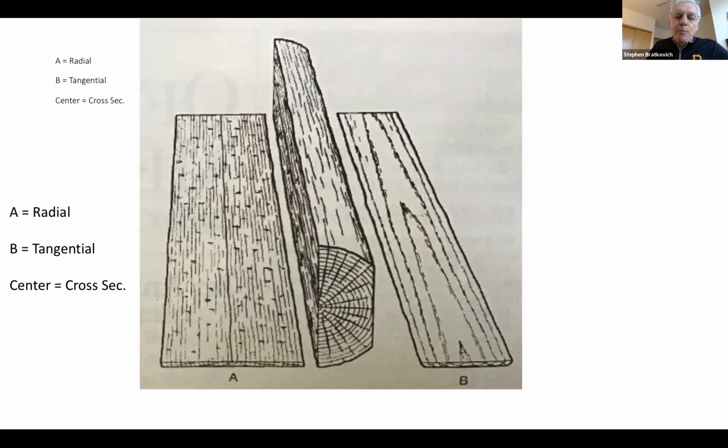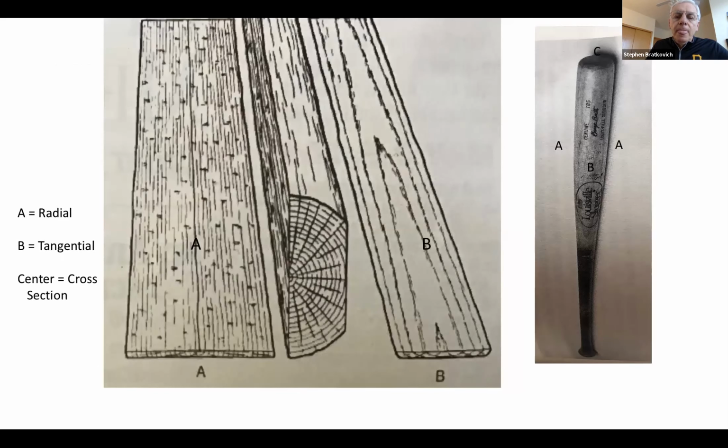And I have another picture here to better illustrate that. And because of some distortion, it looks like the bat on the right is a little bit curved, but it's not really. But the A side is where you hit the ball, whether you're right-handed or left-handed batter.